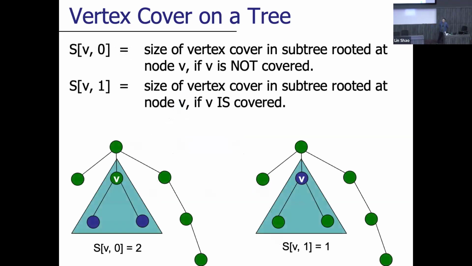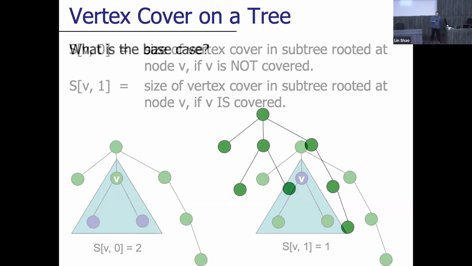We defined S_V0 and S_V1. S_V0 is the size of the vertex cover in the subtree rooted at node V if V is not covered, which is what the zero indicates. S_V1 is the size of the vertex cover in the subtree rooted at node V, but in this case V is covered. In our illustration example, S_V0 equals 2 and S_V1 equals 1.